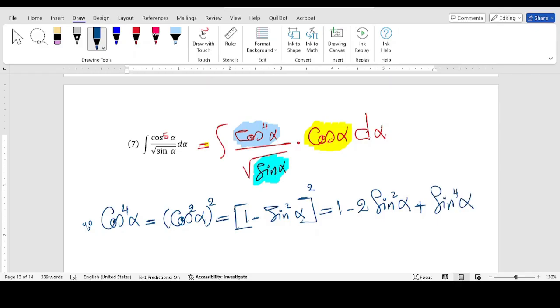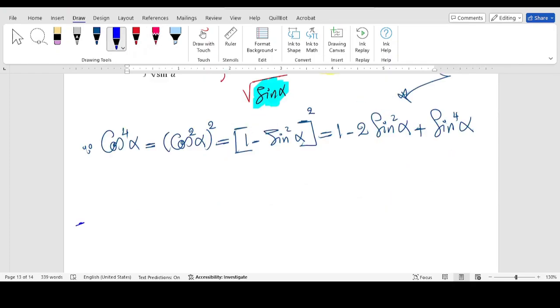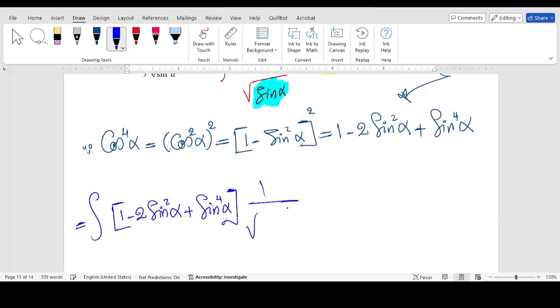Okay, so replace this cosine to the power 4 by this form. Then the integration will be the integration of 1 minus 2 sine squared alpha plus sine to the power 4 alpha, multiplied by 1 divided by root sine alpha times cosine alpha d alpha.